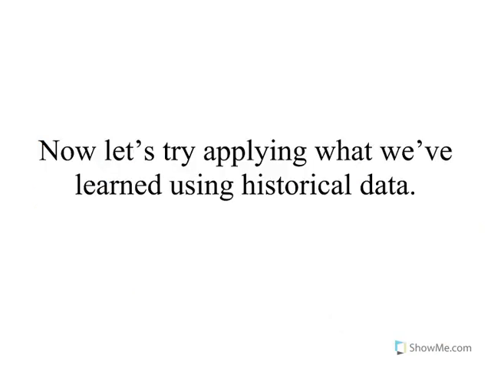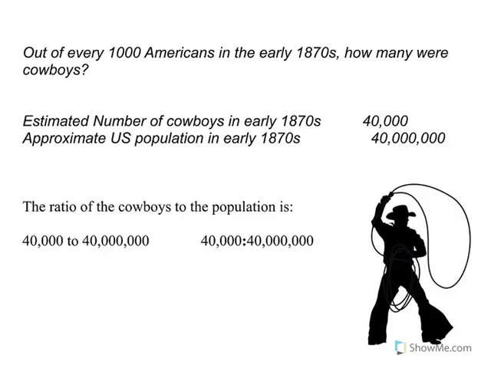Now let's try applying what we've learned using historical data. Out of every 1,000 Americans in the early 1870s, how many were cowboys? Estimated number of cowboys in early 1870s was 40,000.